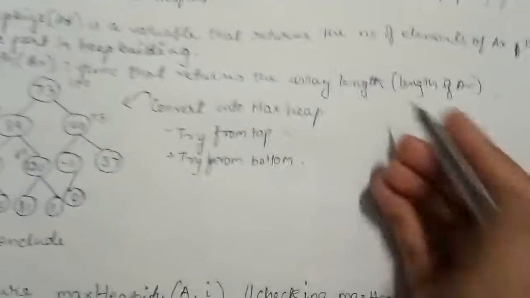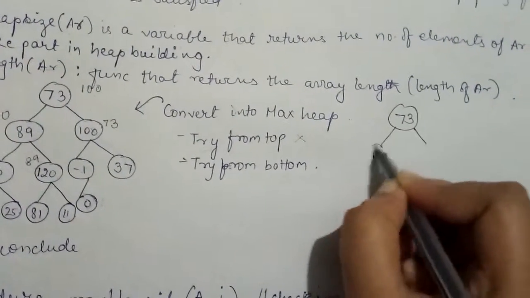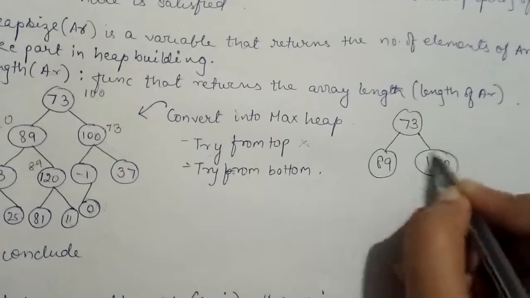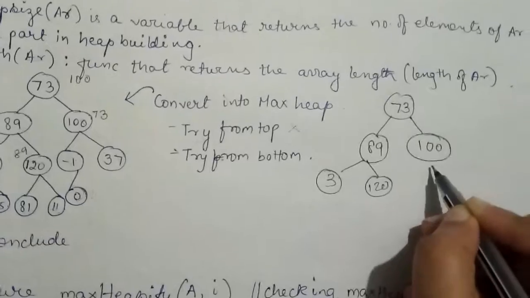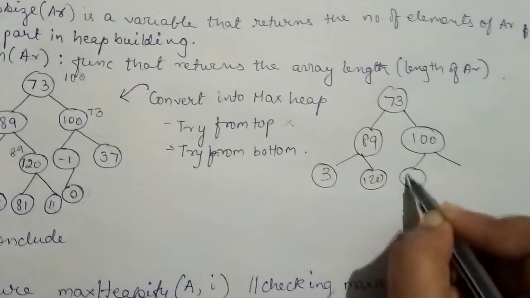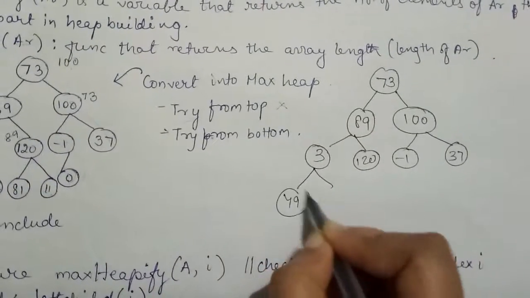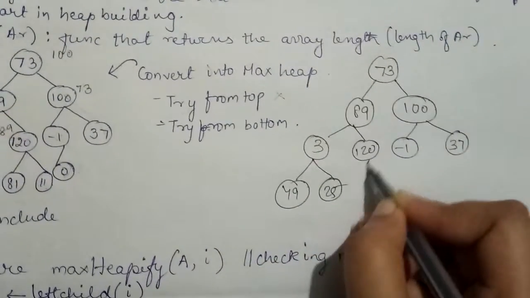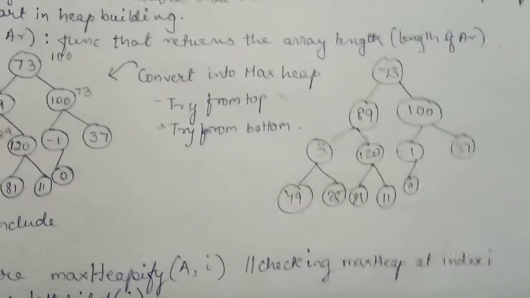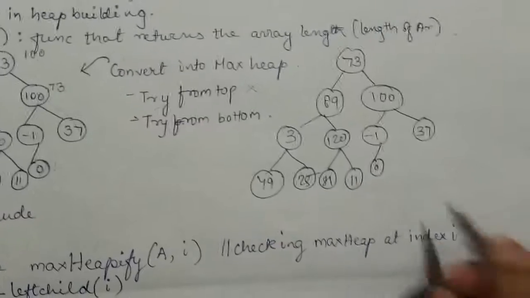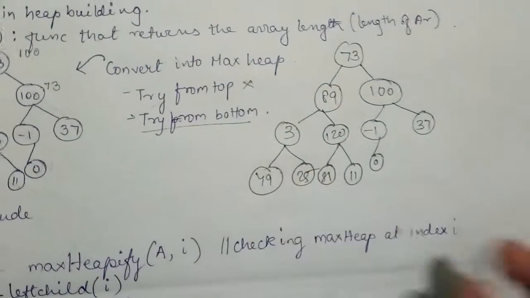So again make the tree here on this side. 73, 89, 100, 3, 120, minus 1, 37, 49, 25, 81, 11, 0. So trying from top did not suffice, so now trying from bottom.